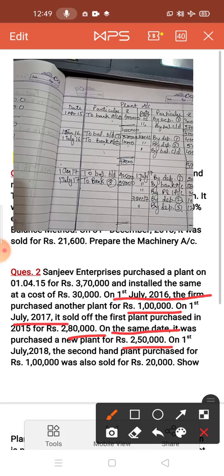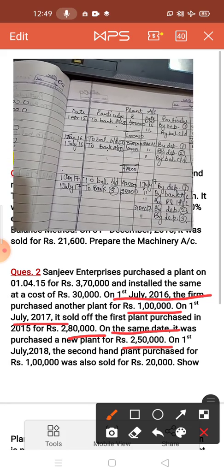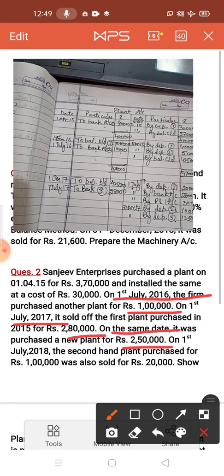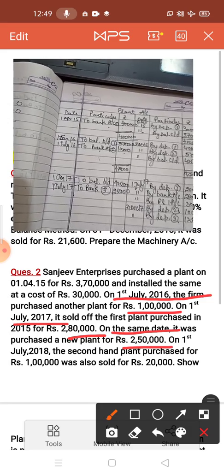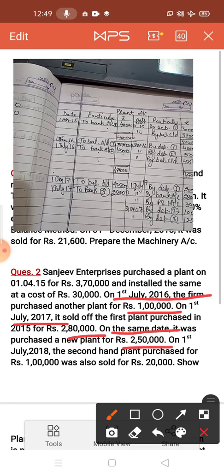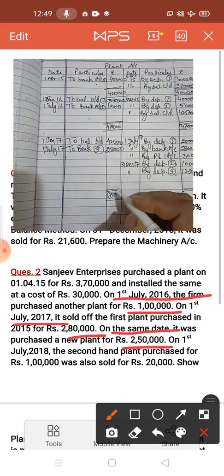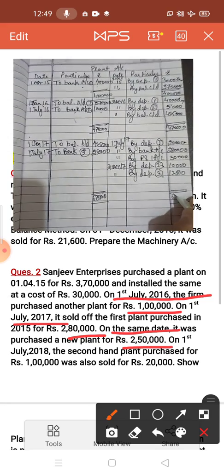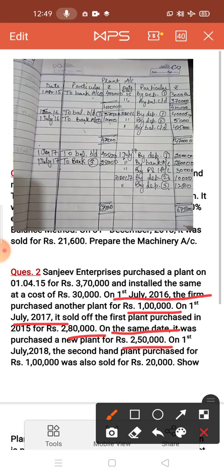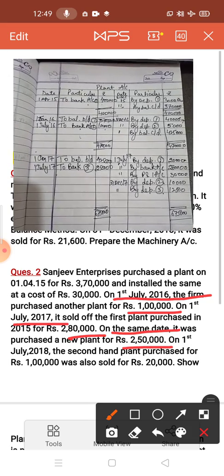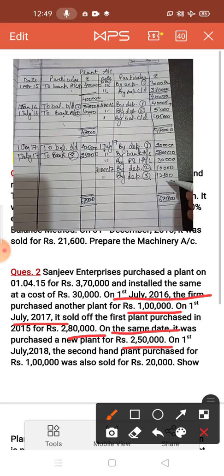Now you have to find out the balance CD. Totaling you have to do. 4,25,000 plus 2,50,000, so it is 6,75,000. Sorry, 6,75,000. Now subtract 6,75,000 from the total of this side.